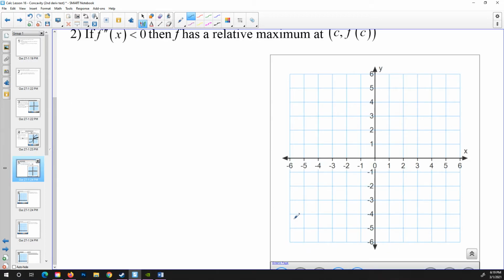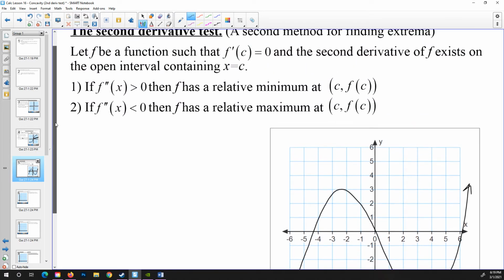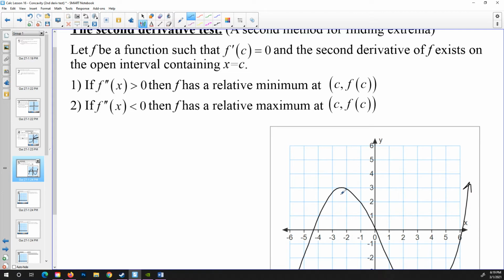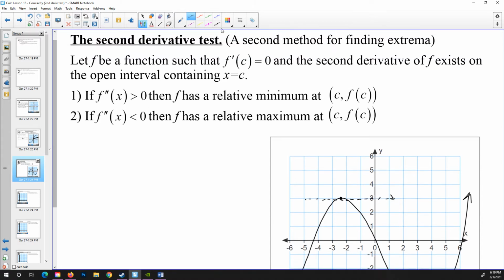Let's draw in a function that has a relative maximum and a relative minimum. So we know that there's a potential extrema because at this point right here, there will be a horizontal tangent line. So we have a point c where the first derivative of c is equal to 0.